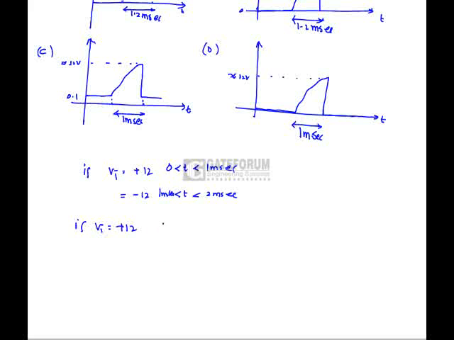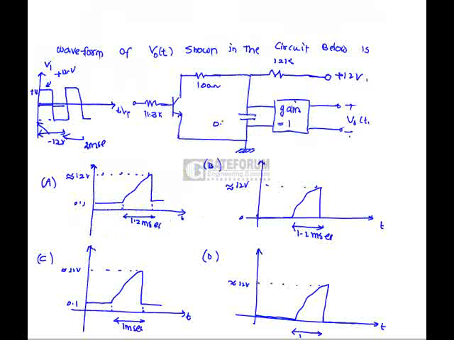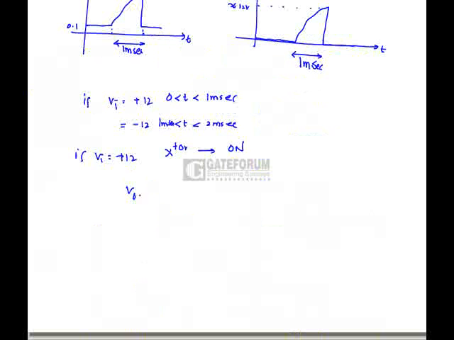So the transistor is in on situation. This is 0.1 microfarad. V0 is nothing but voltage across the capacitor. In the steady state position, the capacitor acts as an open circuit.